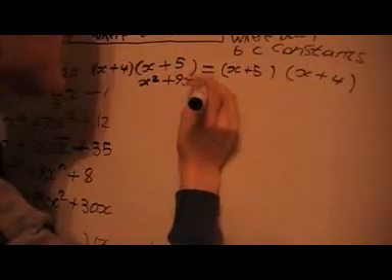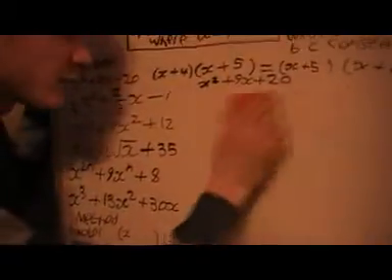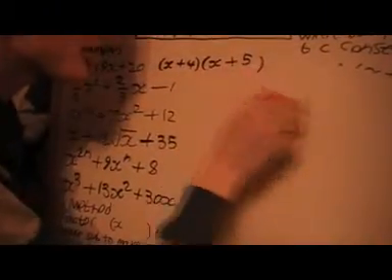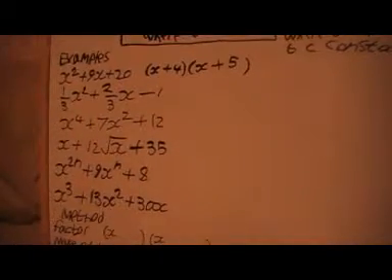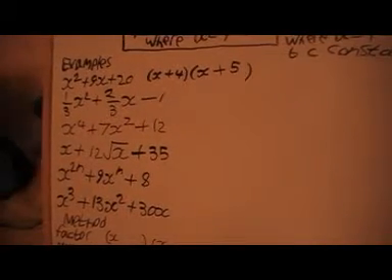And the 5 and the 4, when you times them, make 20. So yes, that's factorised right, so we don't need to worry about that. But it's good to know how to check in case you think you might have made a mistake.